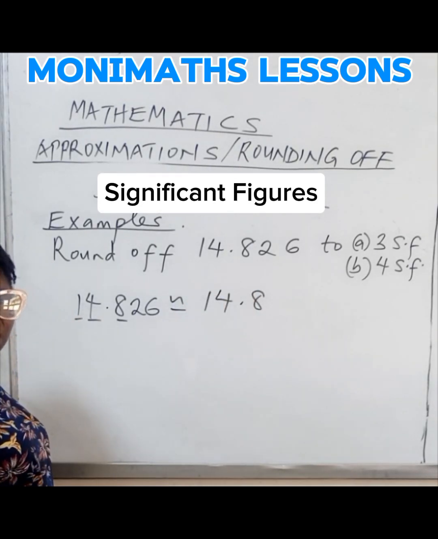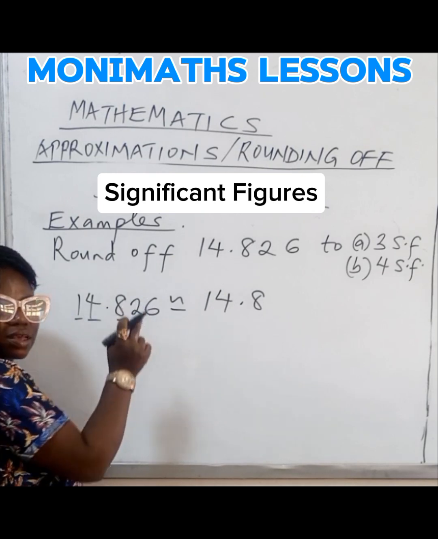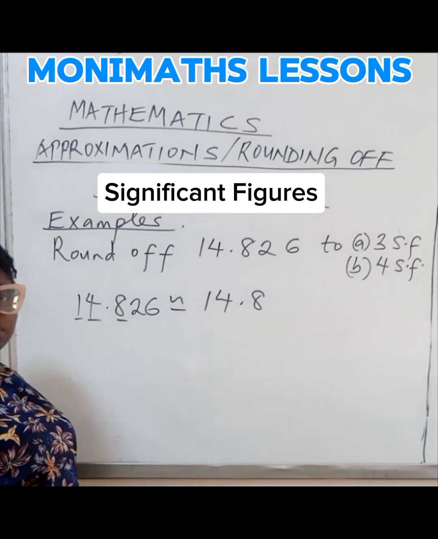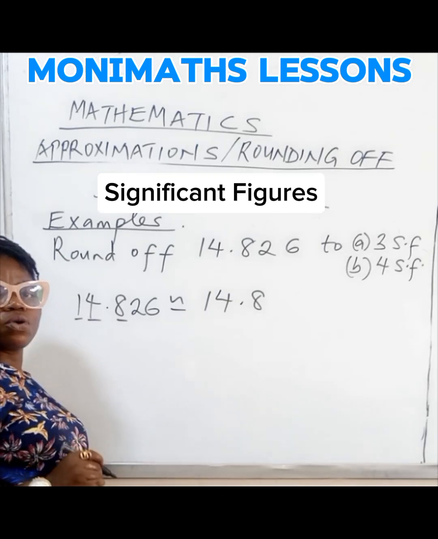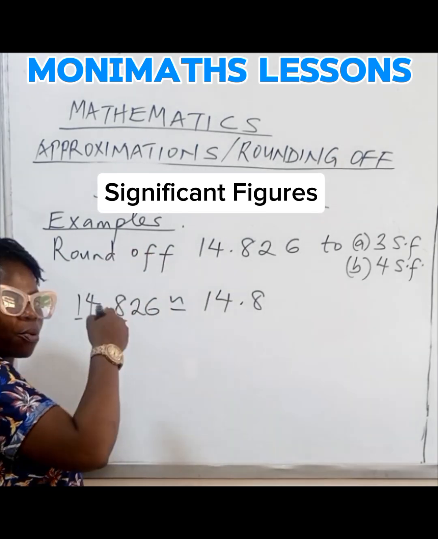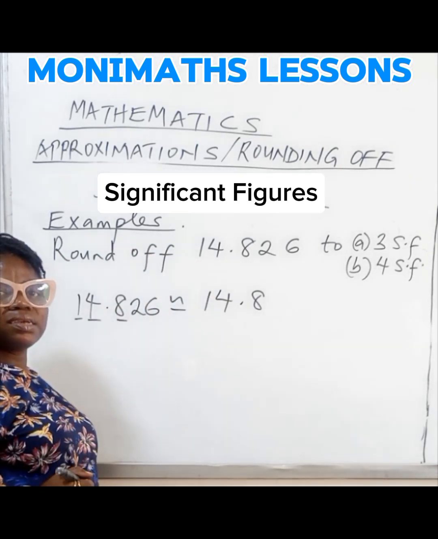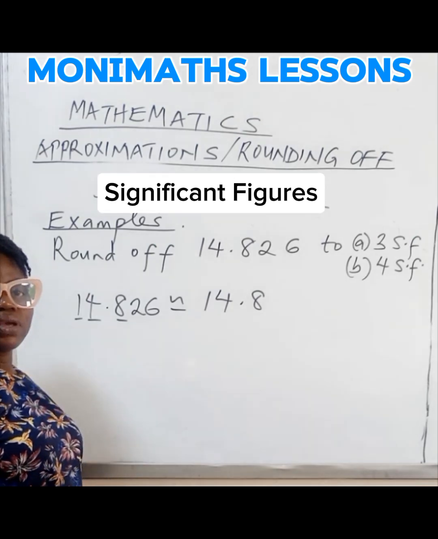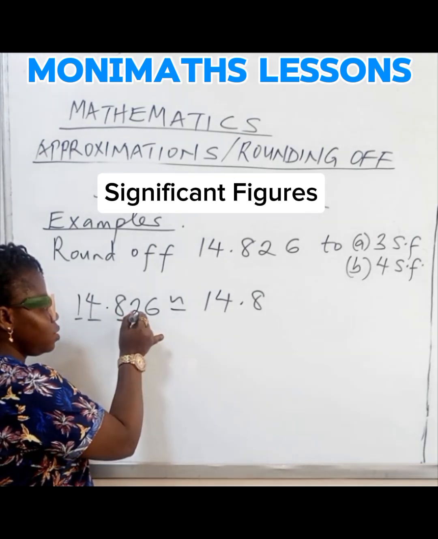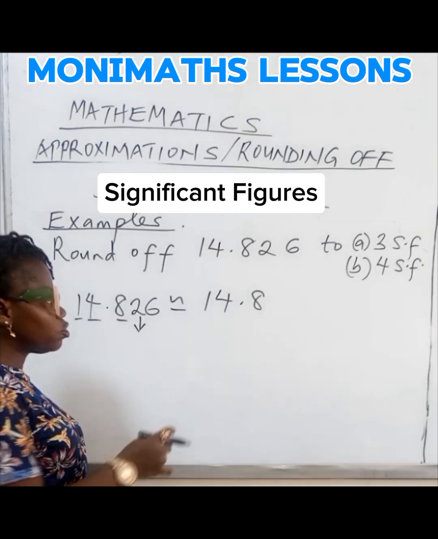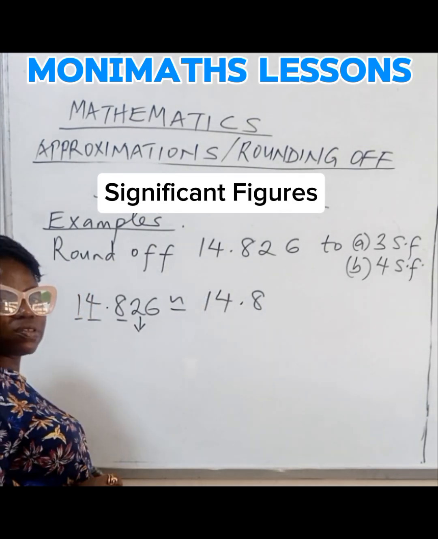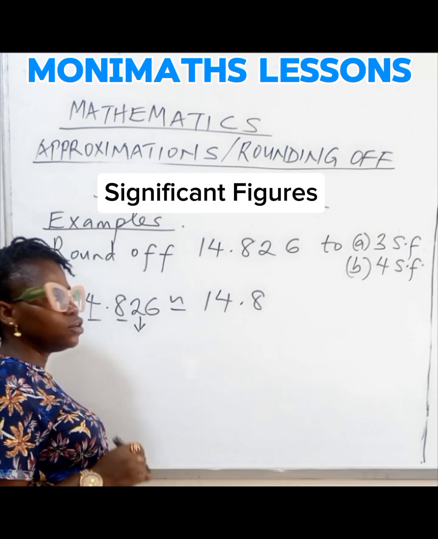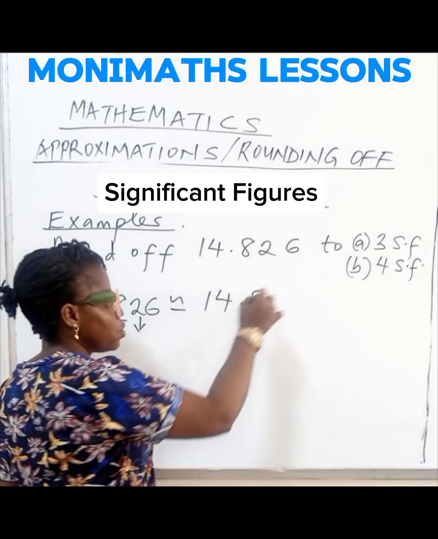I won't just leave it like that. I will consider the digit after the 8, after the third significant figure. If that digit is up to 5, it is rounded up upon the 8. When that digit is less than 5, it is rounded down. So in this case, this 2 is rounded down. It won't have any effect on my answer. So 14.826 is 14.8 to 3 significant figures.